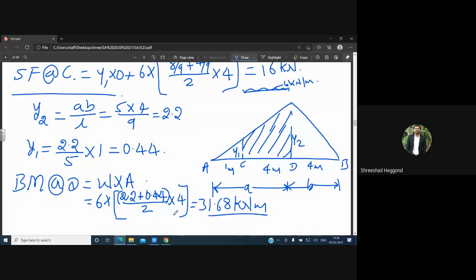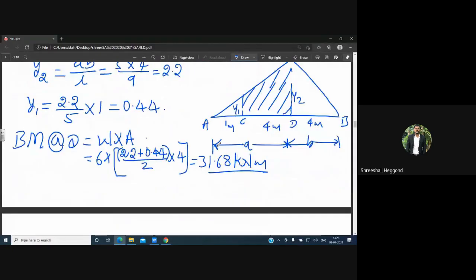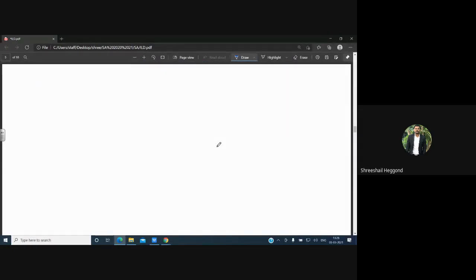Therefore, the moving load numerical can be given as: a simply supported beam is there.